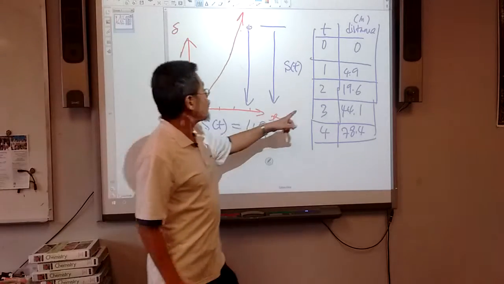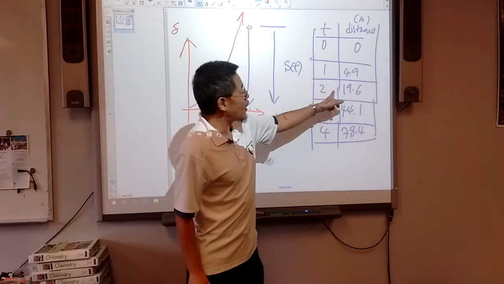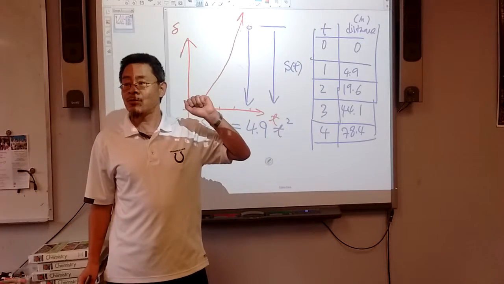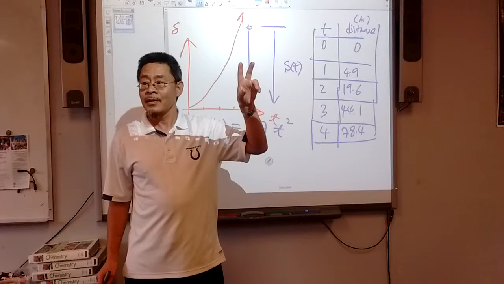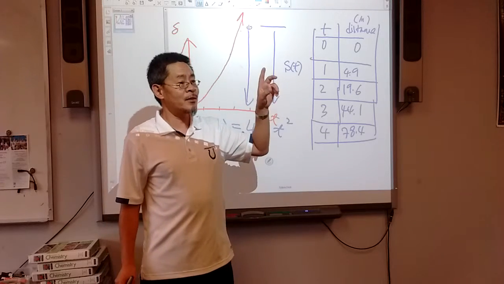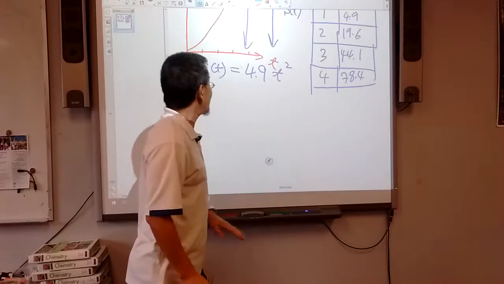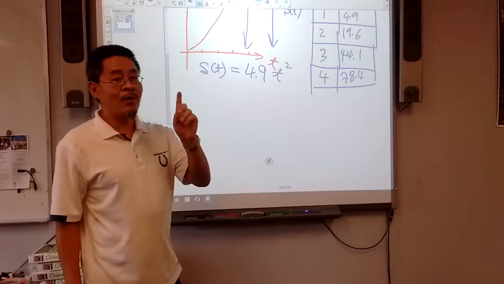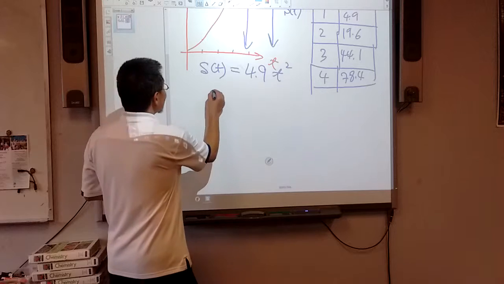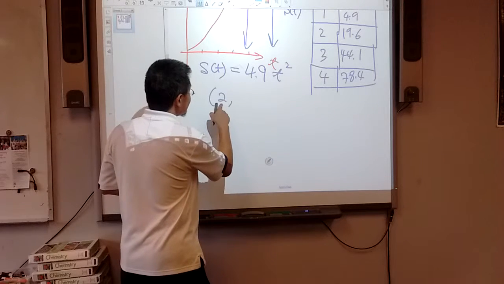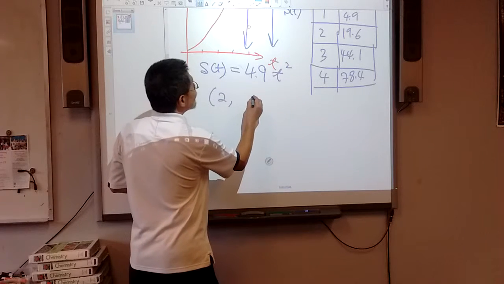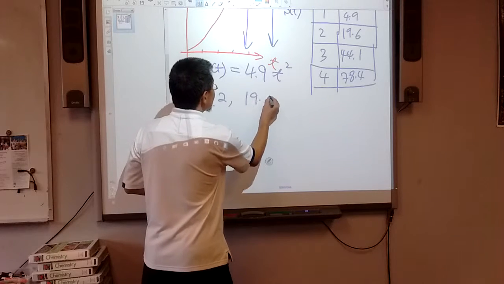So now we're going to find what our instantaneous speed is at t equals 2 seconds. So how do we find instantaneous speed? You have to first find the average speed. So that means we need 2 points, right? What is our first point? At 2 seconds, 19.6.